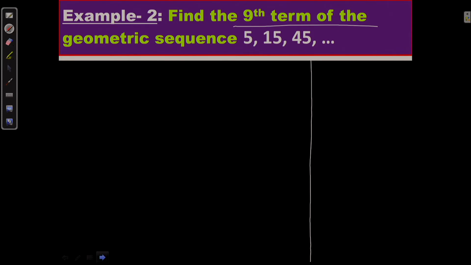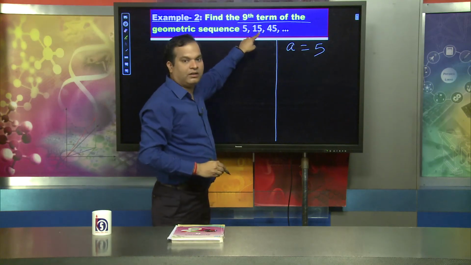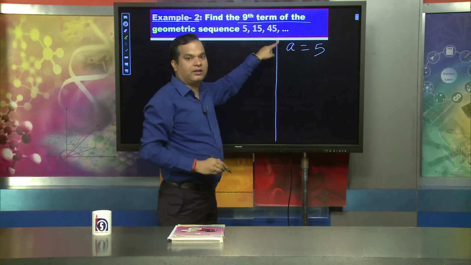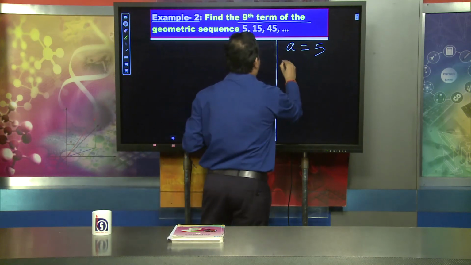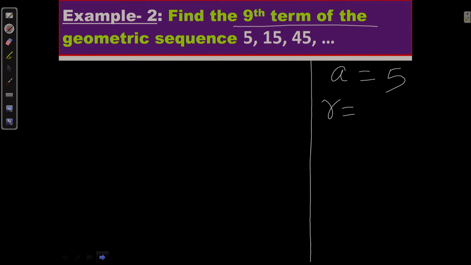The a value is 5, the first term, 15 is the second term, and 45 is the third term. Now the value of r, the ratio of two consecutive terms, is 15 by 5, which equals 3.